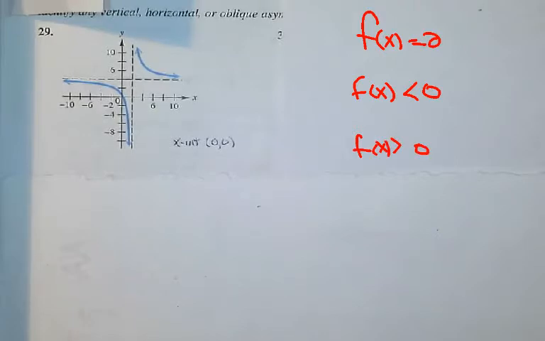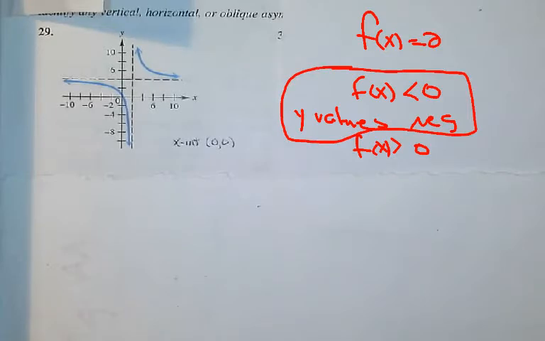So what we're saying when we say this is, what are the y values? When are the y values negative? If I say, when's the function less than 0, I'm really asking, when are the y values negative? And when I say, when's the function greater than 0, I'm really asking you, when are the y values positive?